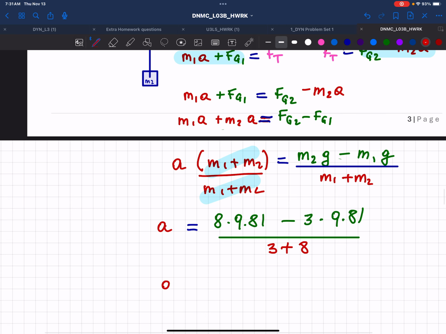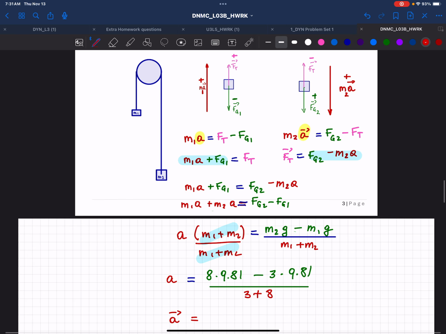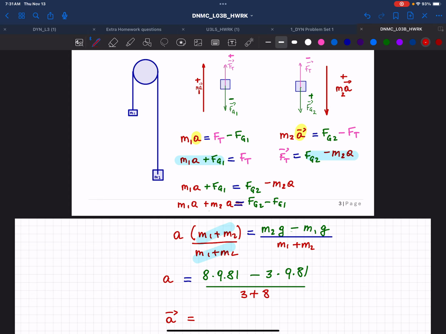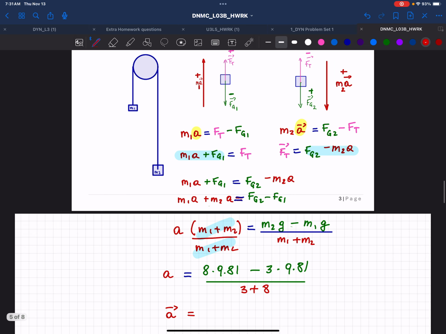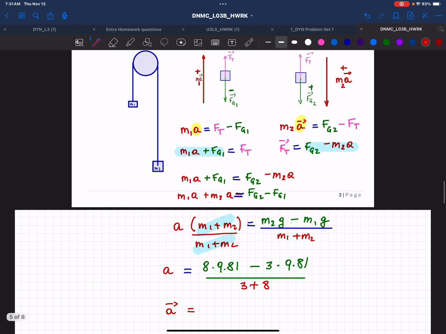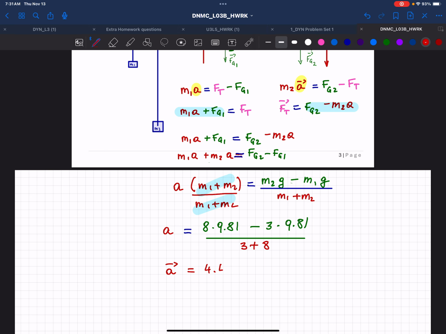The calculation should take only one step, so all the work is in building the solution, step by step, and structuring your thinking process. So 8 times 9.81, minus 3 times 9.81, divided by 11, and we have 4.45 for the acceleration.